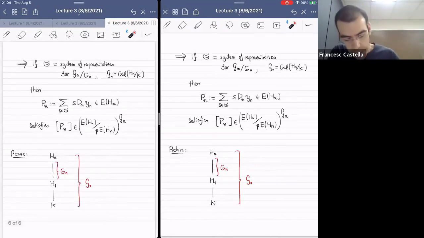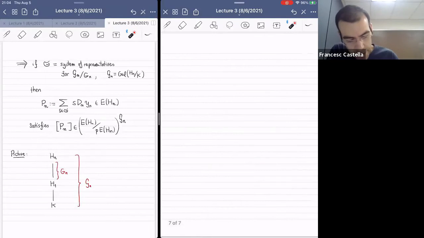All right, so now we have these points. We have produced these classes mod P, which are invariant under Gn. And now to produce homology classes, quite naturally, we're going to take their Kummer images. Okay, so thus we have the following picture.